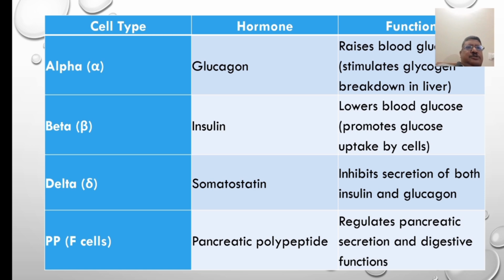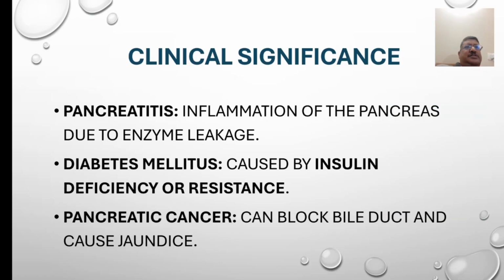Delta cells secrete somatostatin, which inhibits secretion of both insulin and glucagon. Then PP, that is F cells, secrete pancreatic polypeptide, which regulates pancreatic secretions and digestive functions.